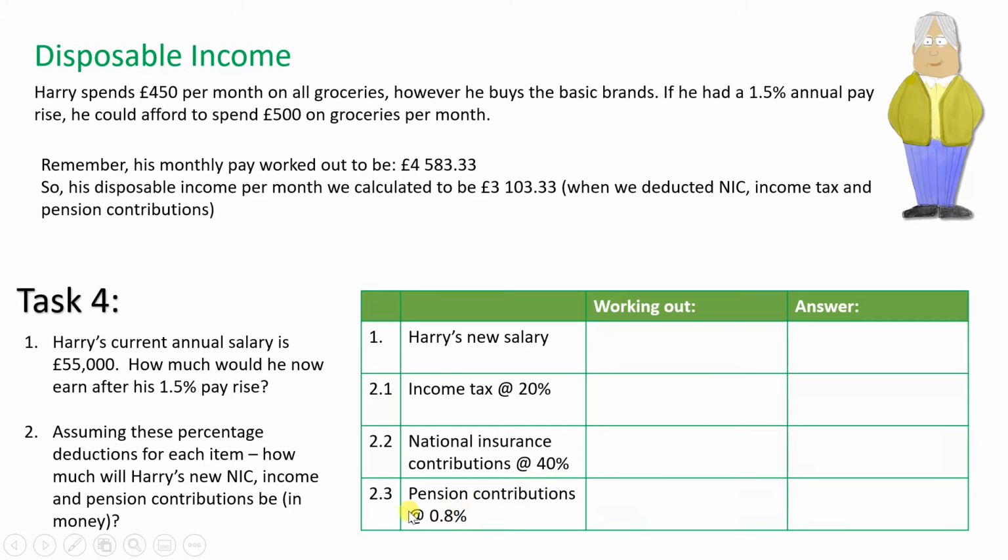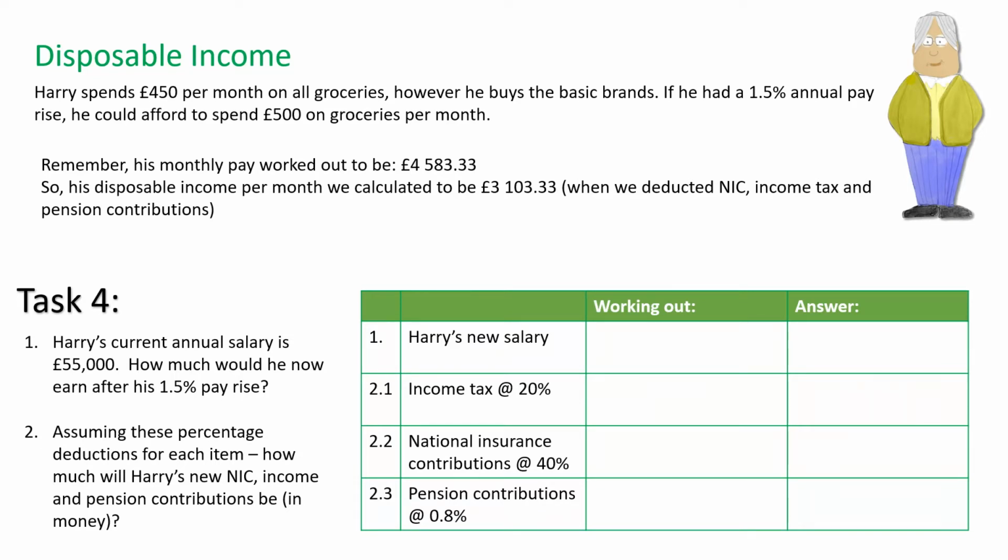And the pension contributions, well, we know that he previously paid £450 per month for his pension contribution. So what we do is we work out the percentage of 450 of his old salary, £55,000. So try this formula. 450 divided by 55,000 times by 100 gives you the new percentage, which is 0.81.